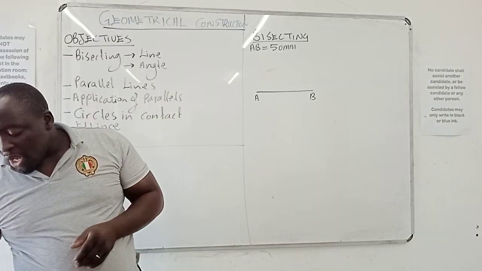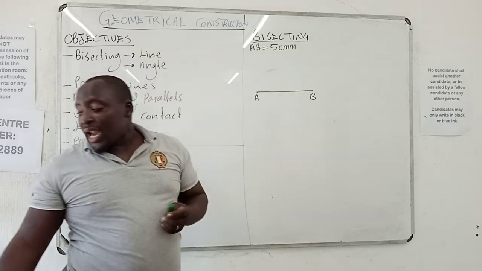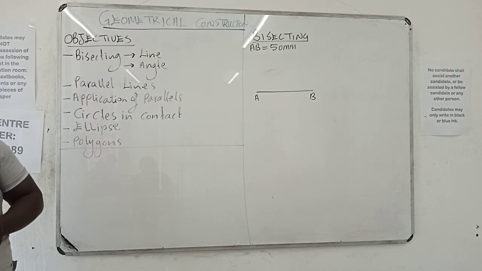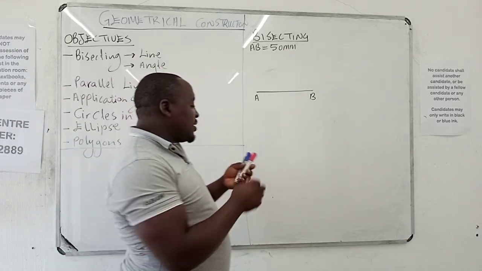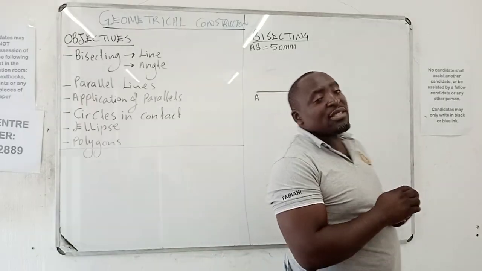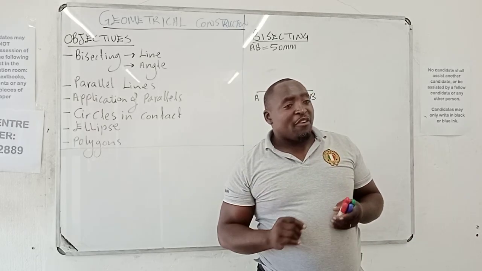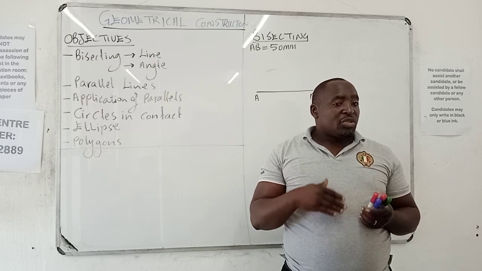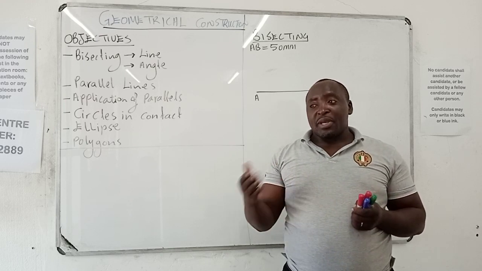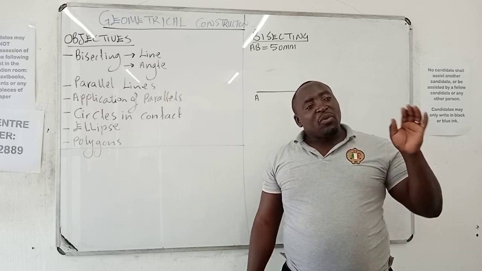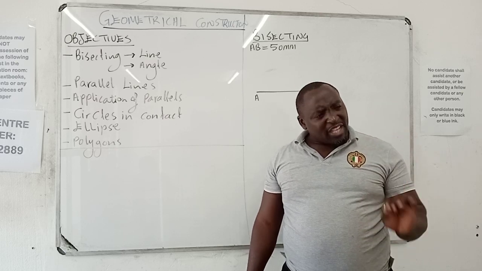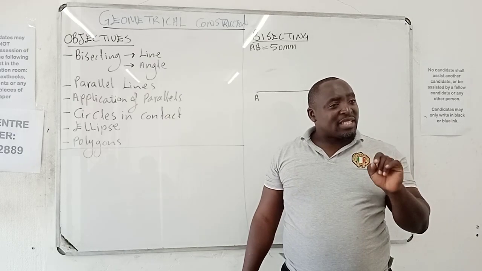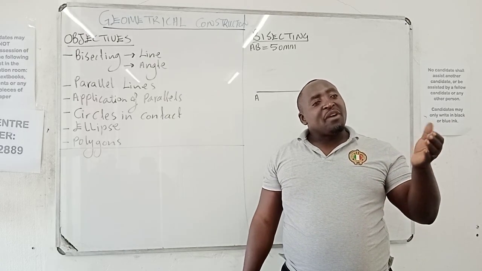So you need to work with construction lines. I'm using red, green, and blue as construction lines. Then I'm using black for outlining. Construction lines are very faint lines. To you who were not there when we were introducing line types, we have the construction line, a very faint line, the outlining line, a dark line but slightly thick, then the center lines.